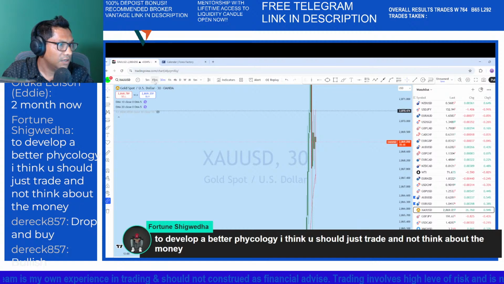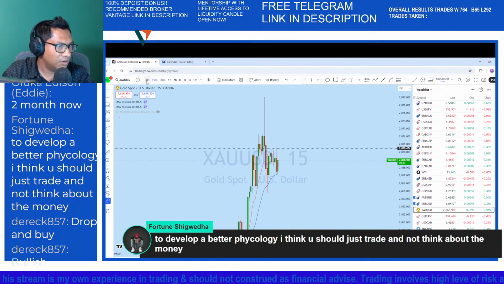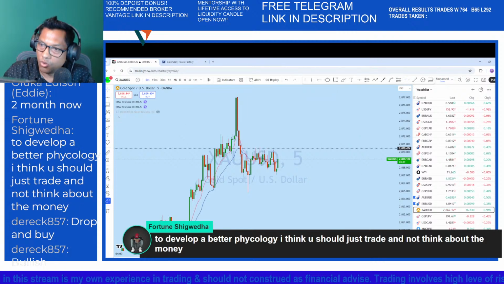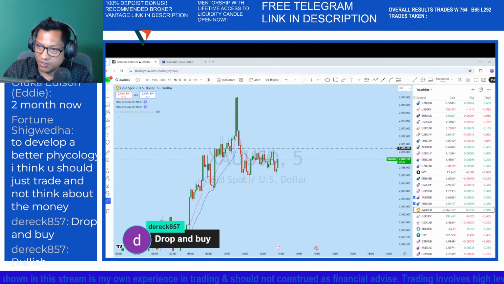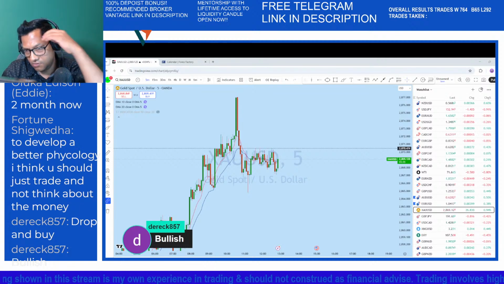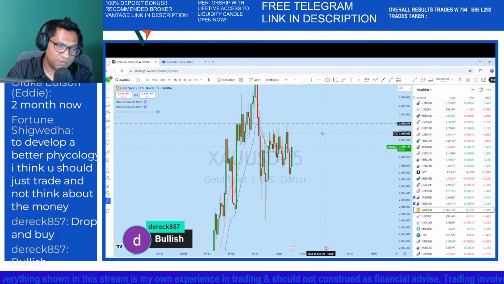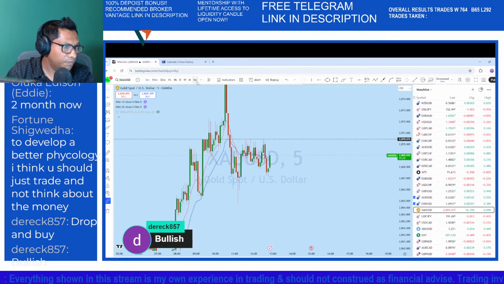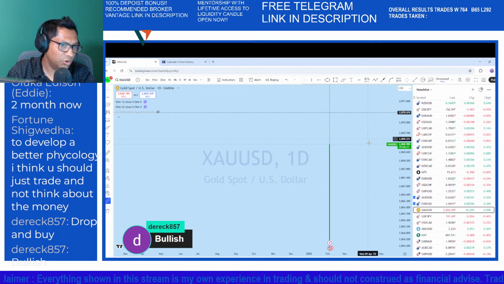But locally, from this level it's trying to bounce. What's your opinion on that? Drop and buy, drop and buy, bullish. Okay, so you mean that when the market drops, you're going to buy, but at what level? That's a very important point to look at, isn't it?